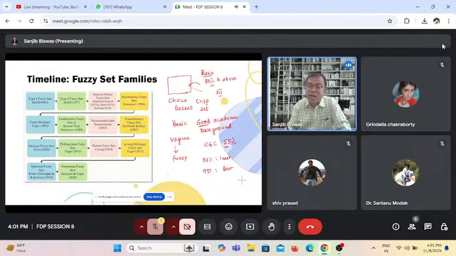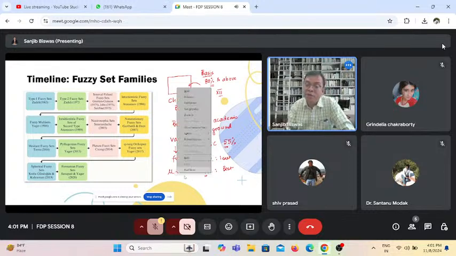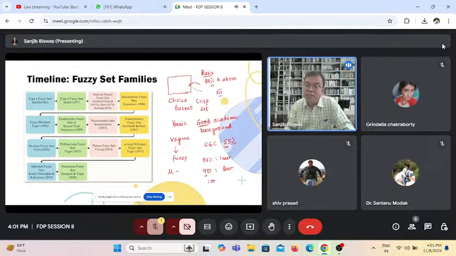In other words, I define a membership degree called mu. So 99% and above, 90% and above, have a good membership value. The person who has got 100%, for him the membership value is 1. And the person who has got 54.9%, not even 55%, the membership value is 0.